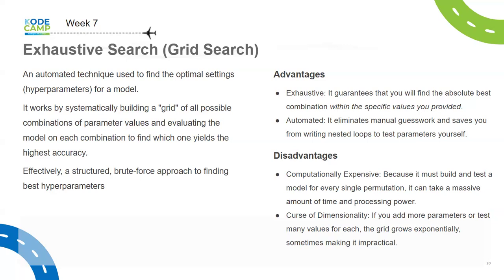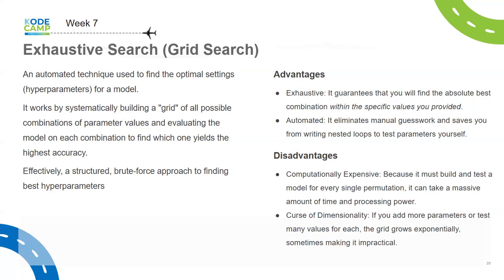So it's all possible combinations of hyperparameter values, right? And then you evaluate the model on each combination to find which one yields the highest accuracy, right?